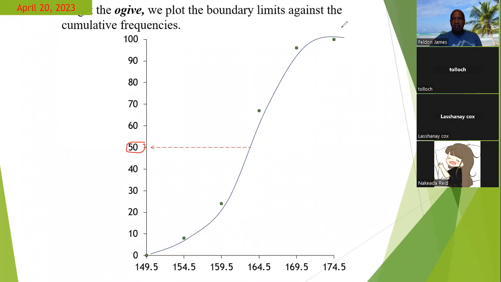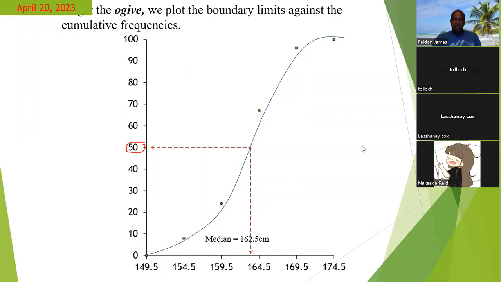Now, our median value is going to end up somewhere here, which if we do a rough estimate, would be about 162, maybe 162.5 or somewhere there, approximately. All right. So that's what your median value would be.